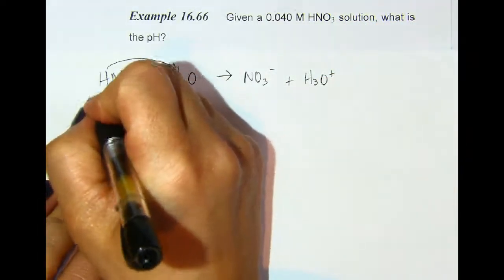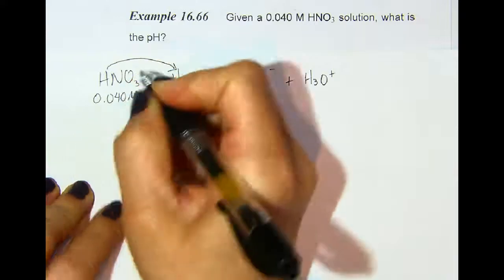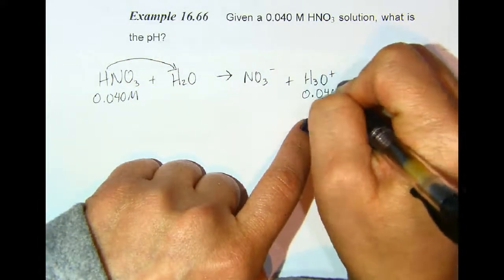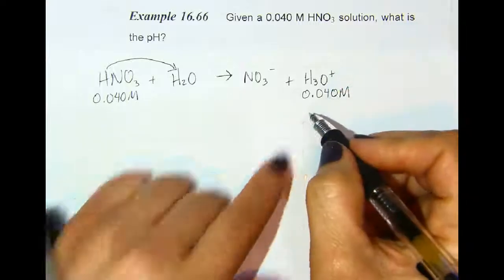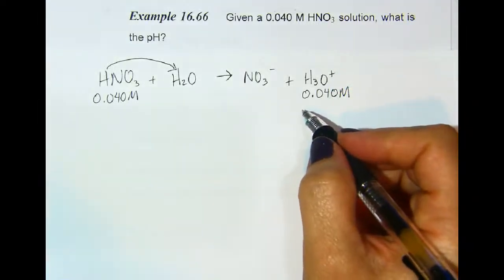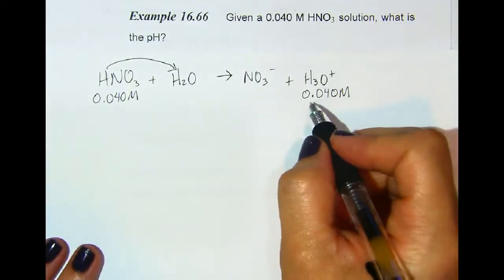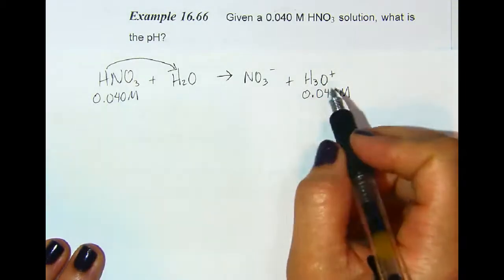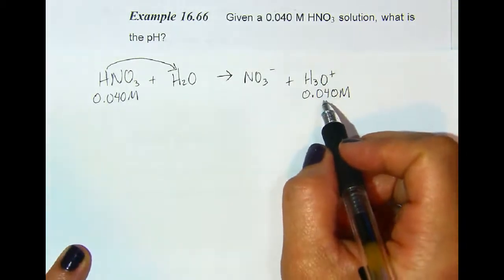This is a 0.040 molar concentration, which means that the hydronium produced is 0.040 molar because it's a 1-to-1 ratio, which generally all acids will be, and it's a 100% ionization. So if that's how much I started of the acid, then that is how much hydronium I'm going to produce.